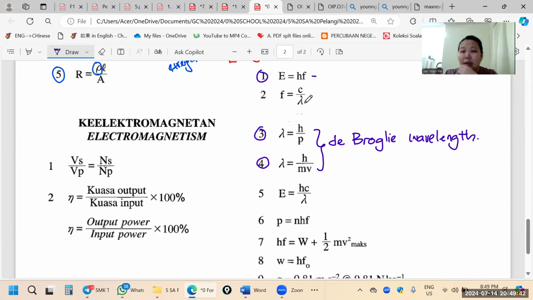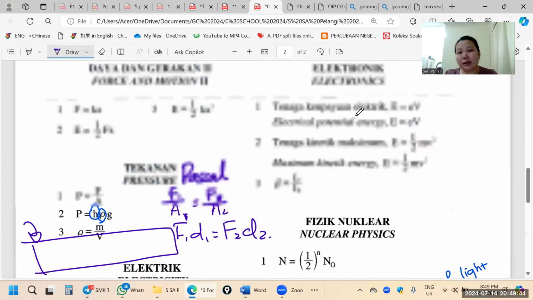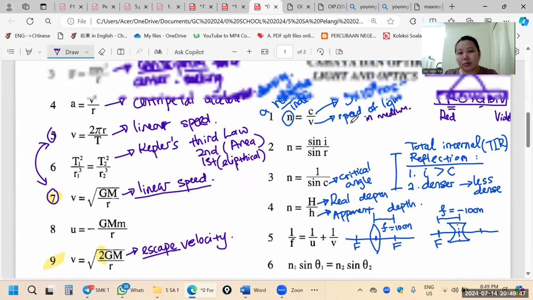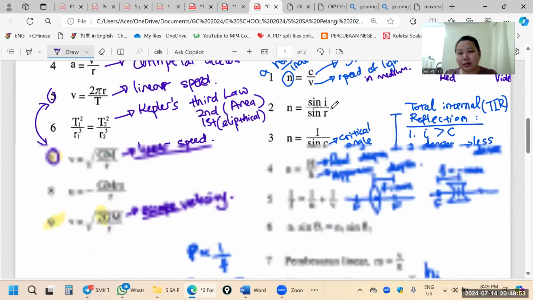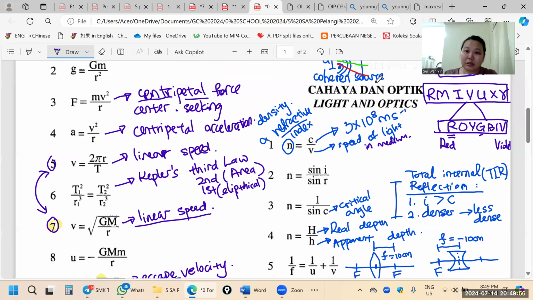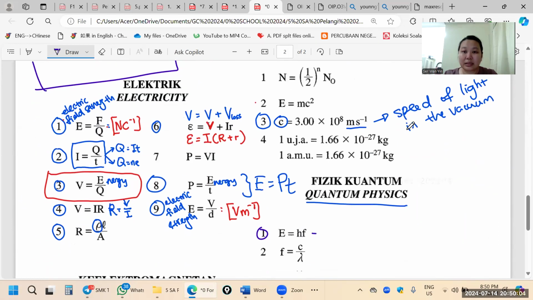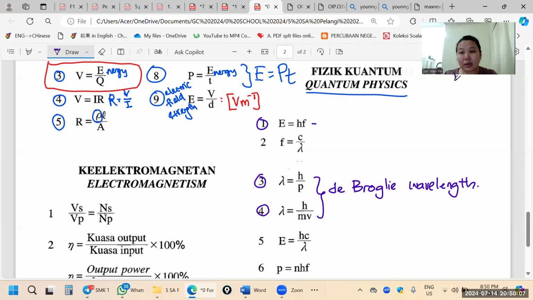F equals c over lambda, which actually comes from the wave equation v equals f lambda. That's why, like the earlier chapter, you need to remember the EM spectrum mnemonic, "RM, I love you, Roy gave birth". So f equals v over lambda.